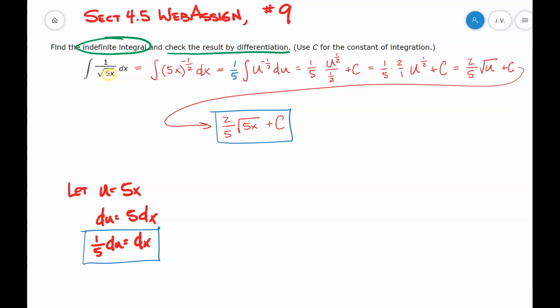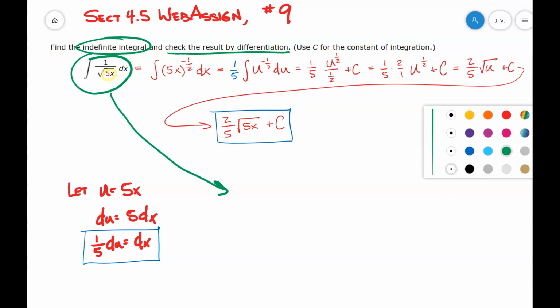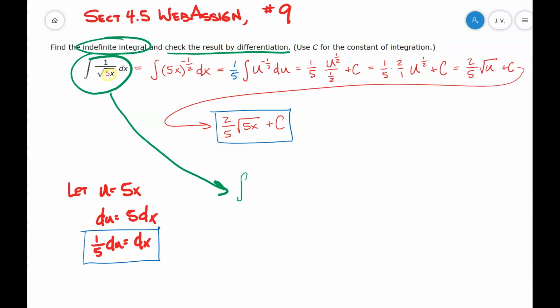But what I'd like to do is a little bit of bonus work for you here, and I'd like to show you how you can do this problem without u substitution at all. So if we start with 1 over the square root of 5x, I can rewrite that as 1 over the square root of 5 times x to the negative 1/2 power.